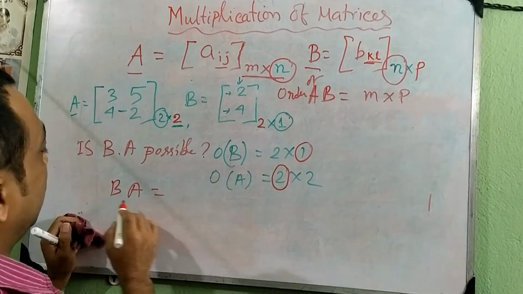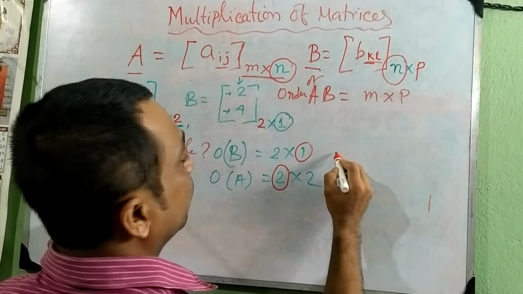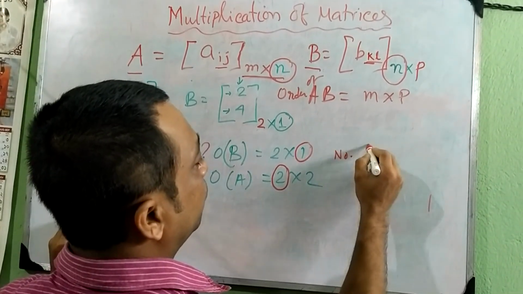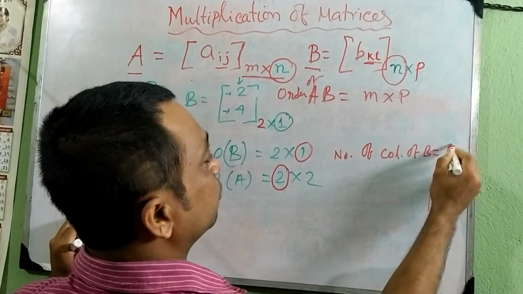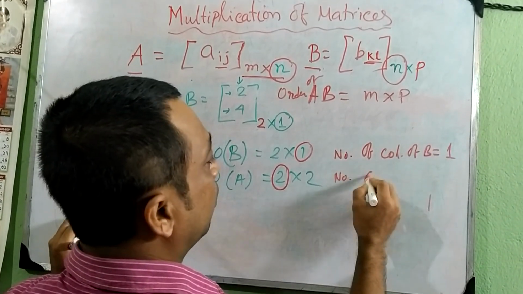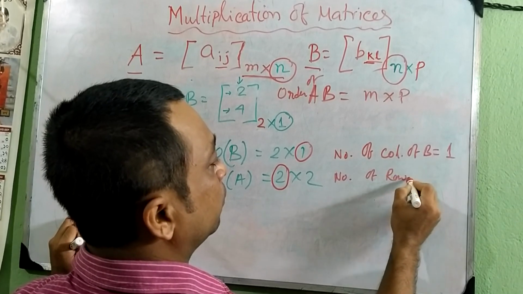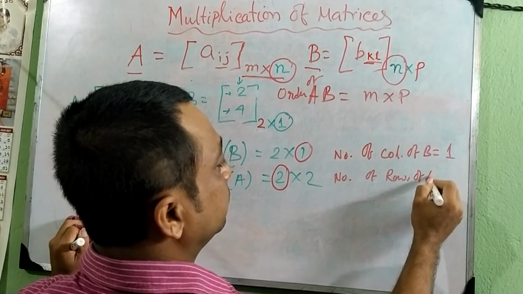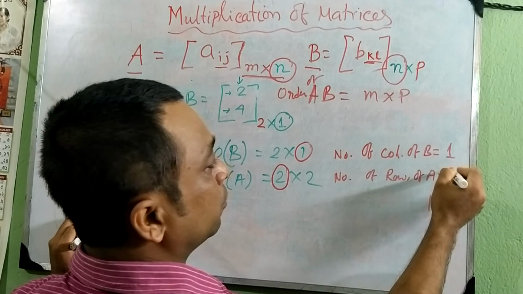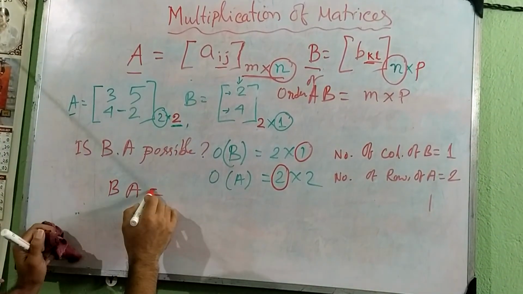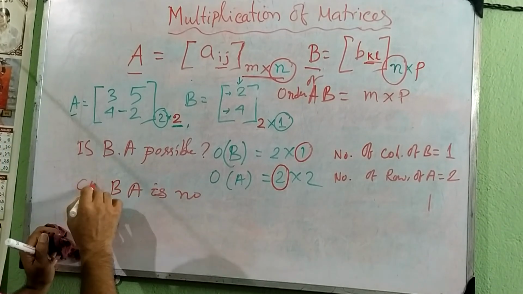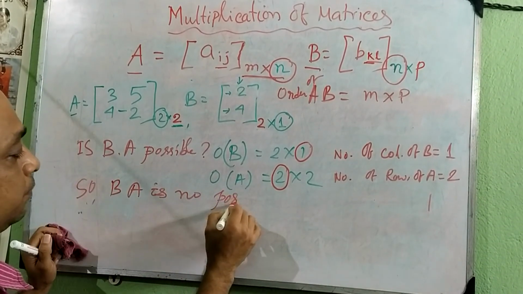You can see the number of columns of B is 1 and the number of rows of matrix A is 2. So these are not matching. So this product BA is not possible.